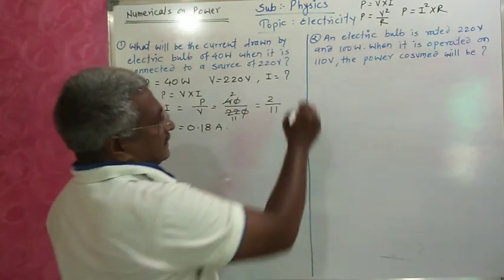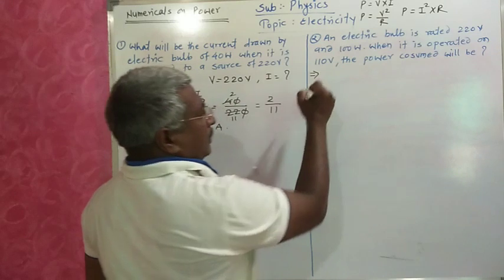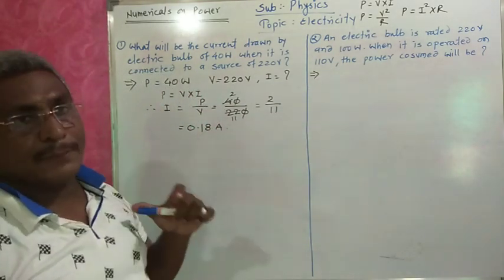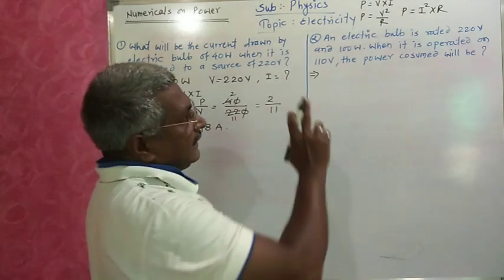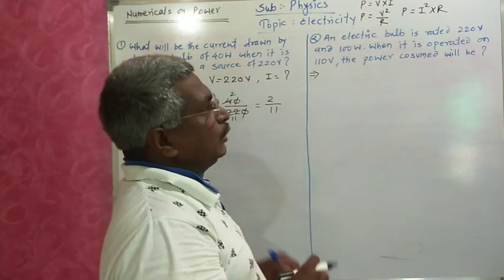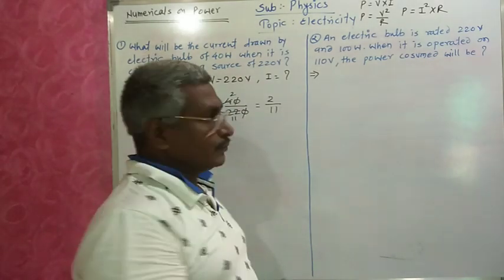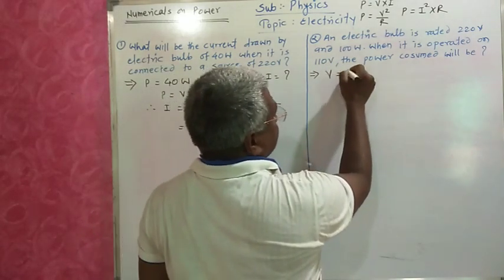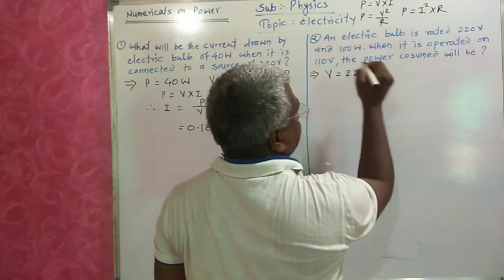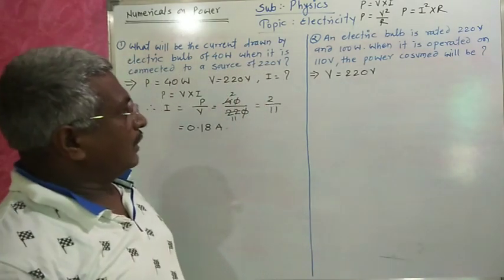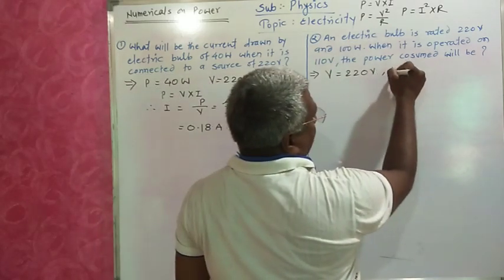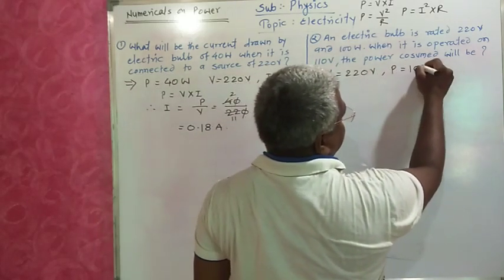So what is the given part? We have to concentrate on the given part. See here, the electric bulb is rated 220 volt. Volt means the potential difference is given. And 100 watt means the power is given, 100 watt.